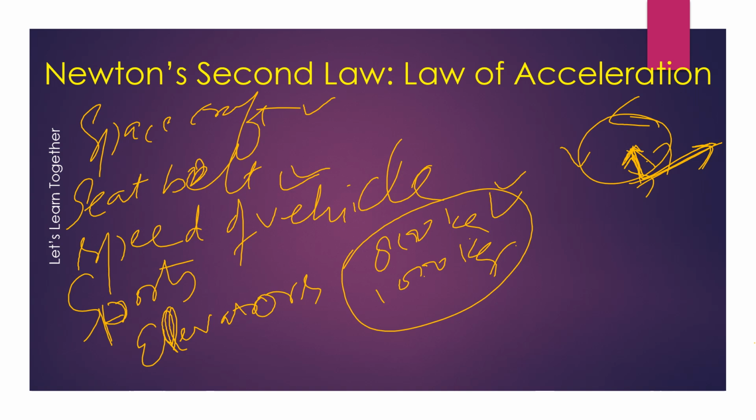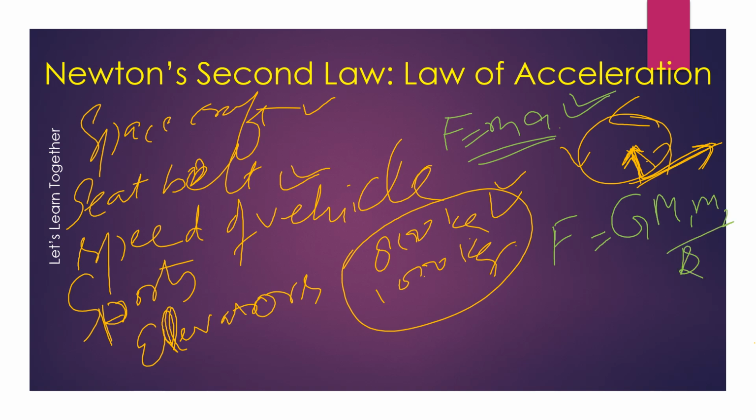There is one thing left that is very important, and that is the application of what we read at that point of time, F is equal to ma. The major derivation of these laws was the universal law of gravitation, which was F = G m1 m2 by r squared.